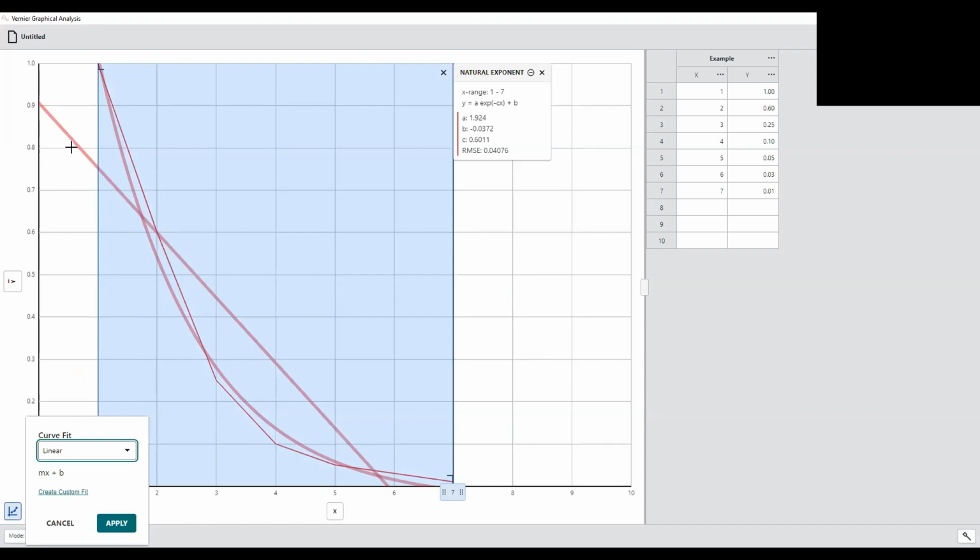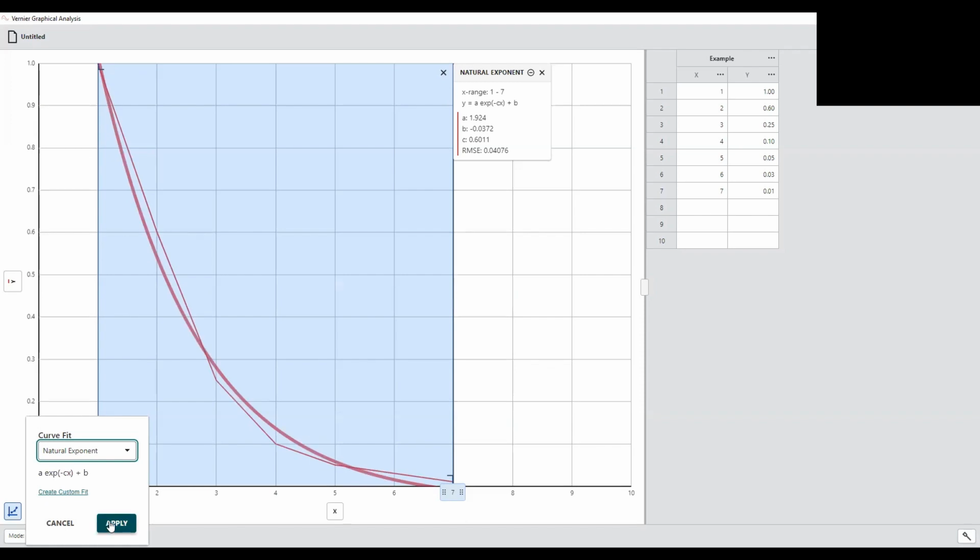Of course, a linear function here is not going to fit the points. I can use, for example, inverse square. I can use a natural exponent. Natural exponent looks like it's the function that better fits the data points, the data values we have here.